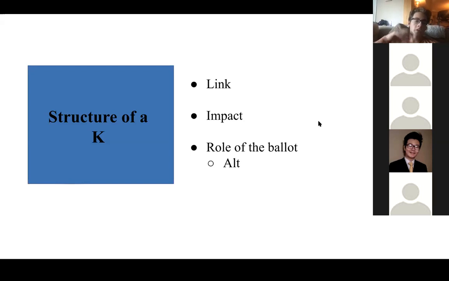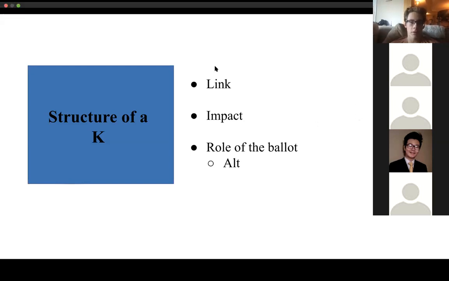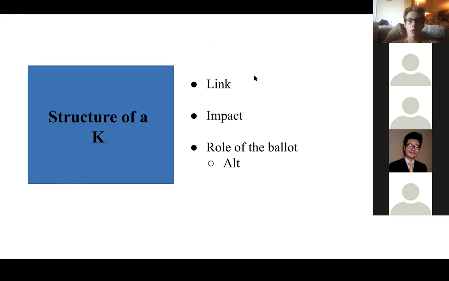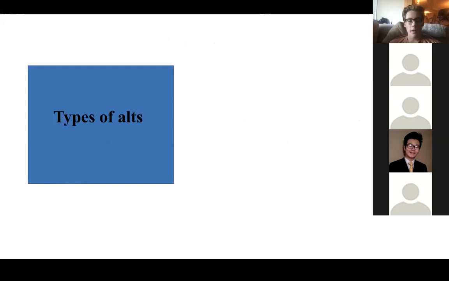And so that alt establishes a clear distinction between the team running the critique and what voting for that team actually represents, and what voting for the other team represents. And we'll get a little bit more into that in a second. And then we'll get more into the meat of these critiques.